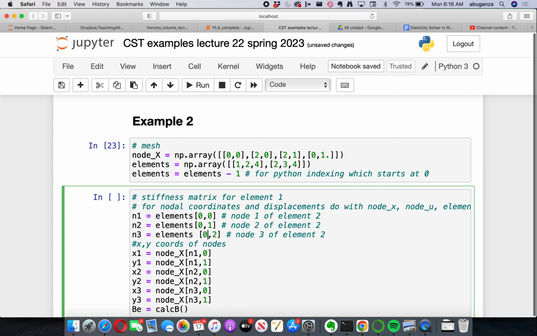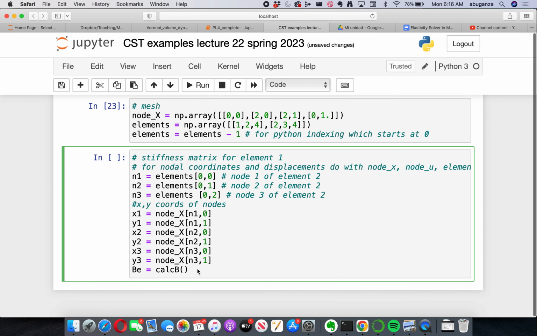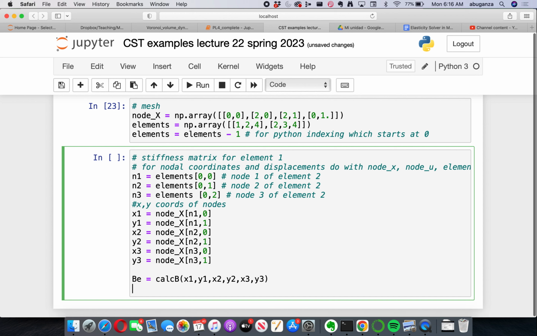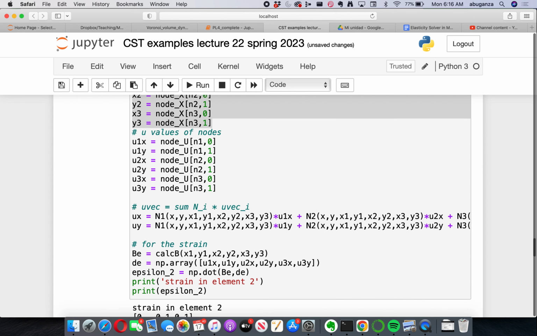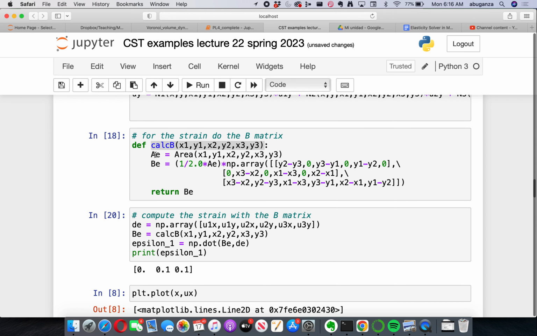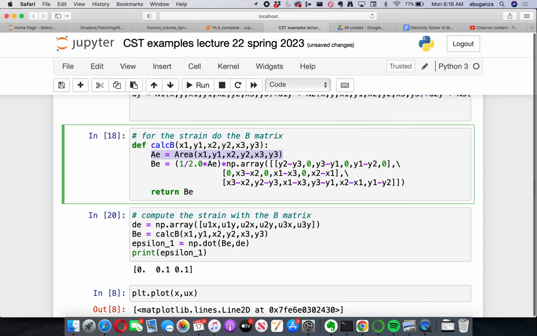This is what I was saying, that it's very convenient because now this works for any element. So the node coordinates, the B matrix, the area. I forget the name of the function that calculates the area. It's just called area, okay.